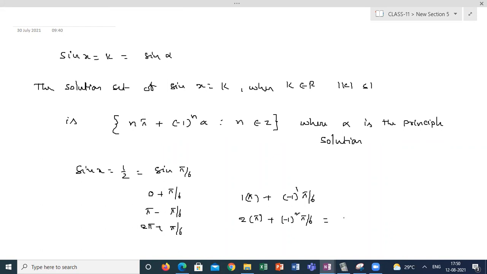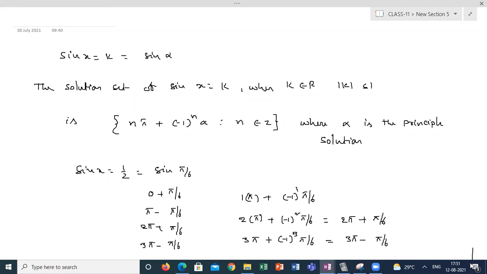This is giving us 2 pi plus pi by 6. Again, I am getting 3 pi minus pi by 6. This is the same value repeating, 1 by 2 only. This is n pi plus minus 1 whole power 3 pi by 6, that is equal to 3 pi minus pi by 6.